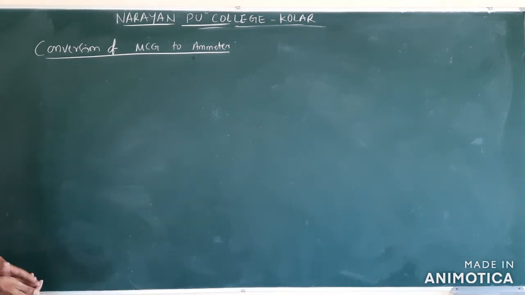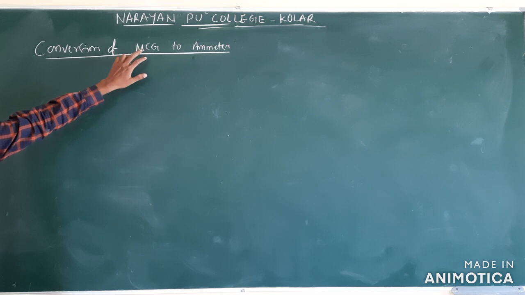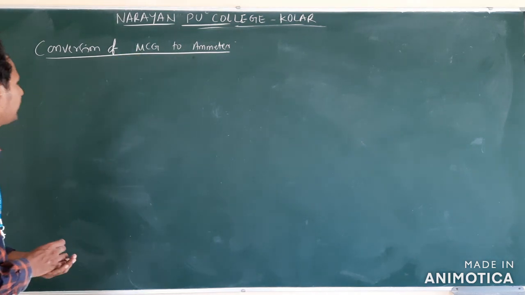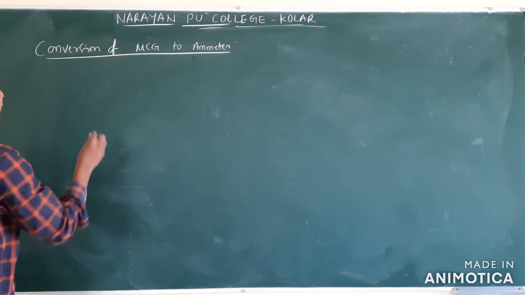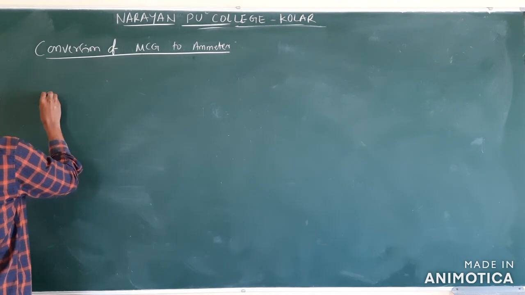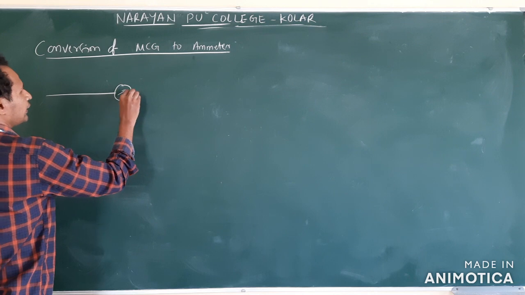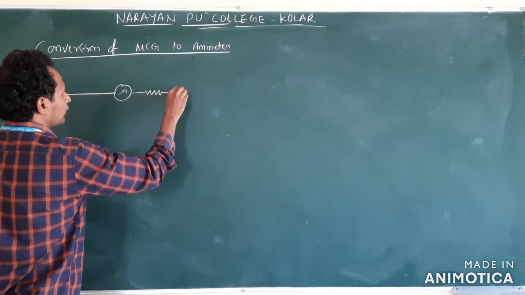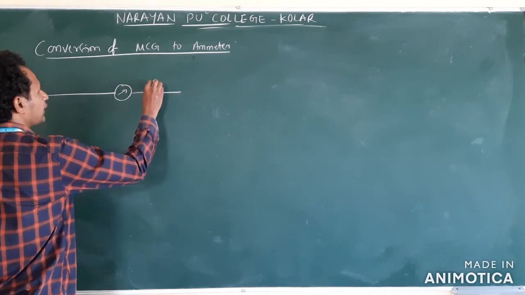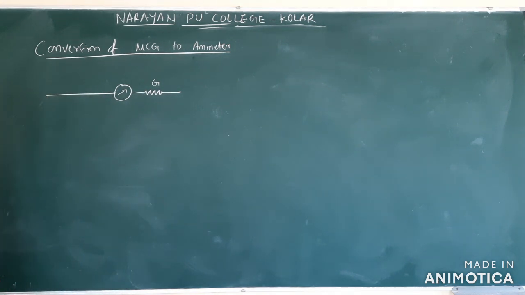Then how do we convert this MCG, moving coil galvanometer, into an ammeter? So the circuit is, this is a galvanometer and it has resistance. This we take as the galvanometer resistance. Clear?